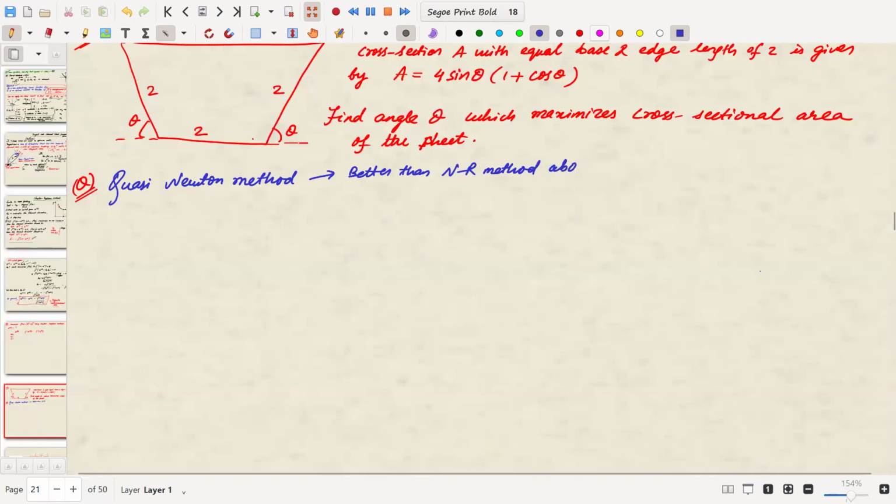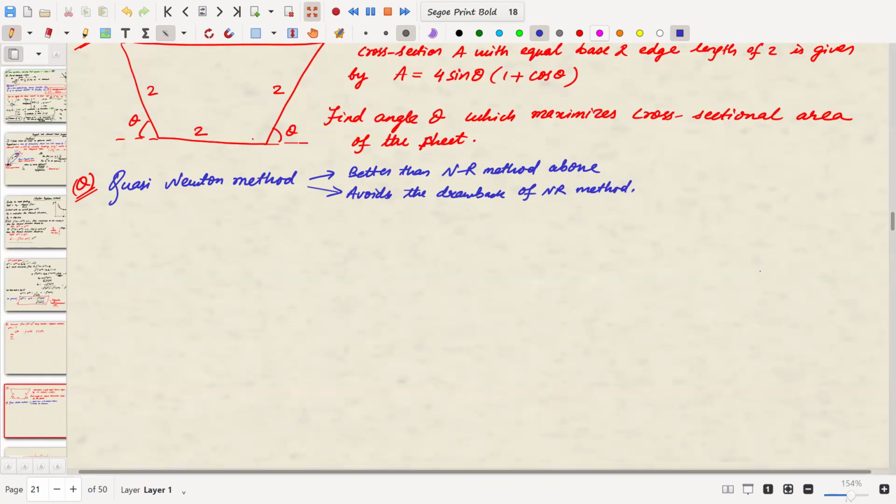It is almost similar to Newton-Raphson, but there will be some difference which makes it a new method known as quasi-Newton method. And as usual, it avoids the drawbacks of Newton-Raphson. Maybe we can cover this in the next class.